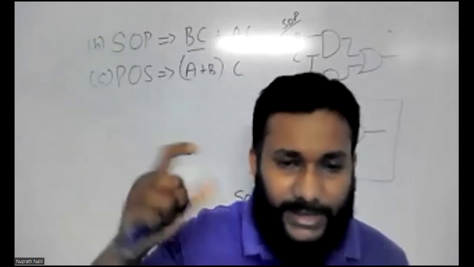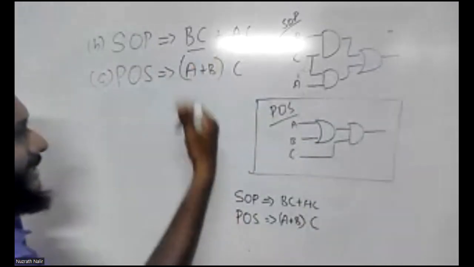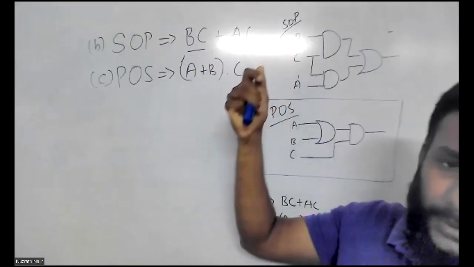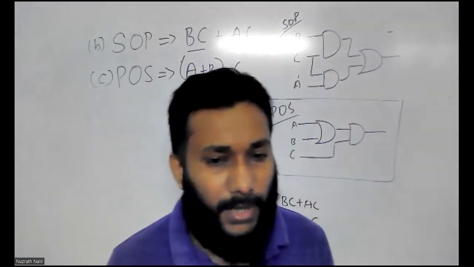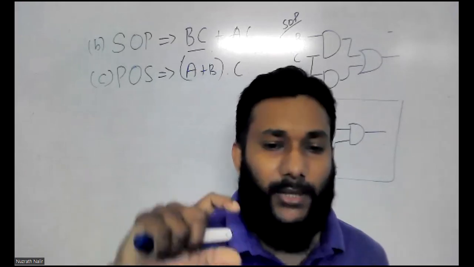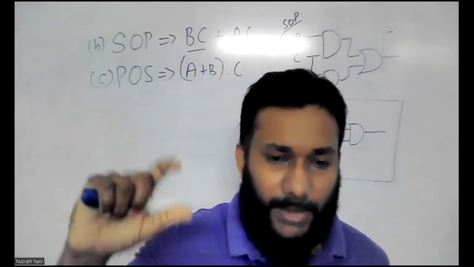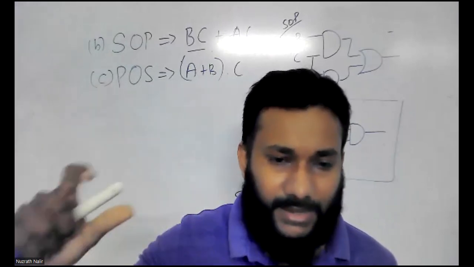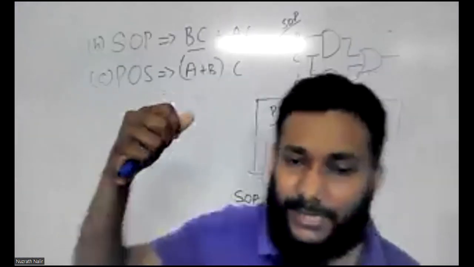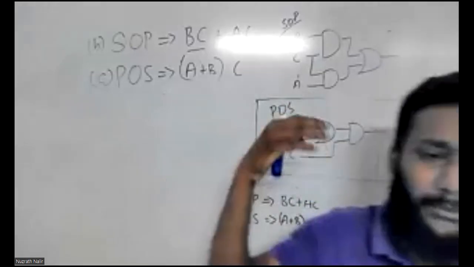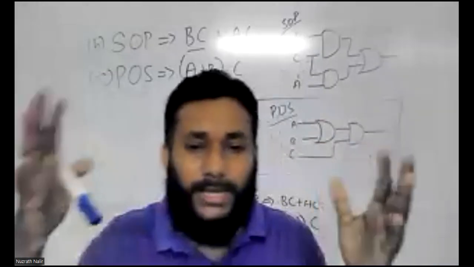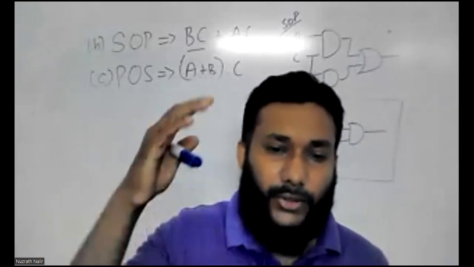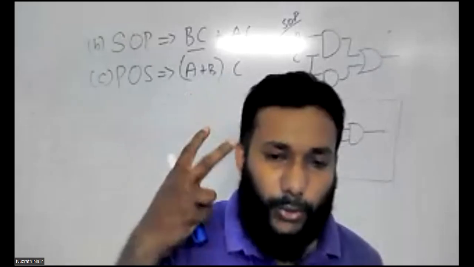But in these types of arguments, we can take it as this SOP and the POS. But instead of taking the ones in the SOP, we are taking the zeros in the POS. Why? Because there we learn about the max term and the min term. So one is a min term, zero is a max term. Due to that, the concept of SOP and POS is also coming from that concept. So these are the theory area. In your Karnaugh Map, we have two types of concepts.